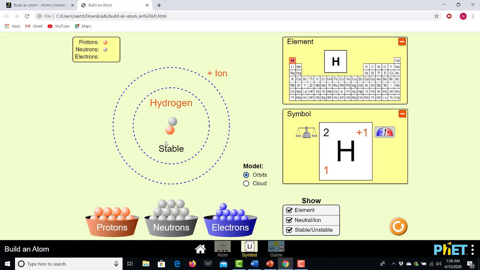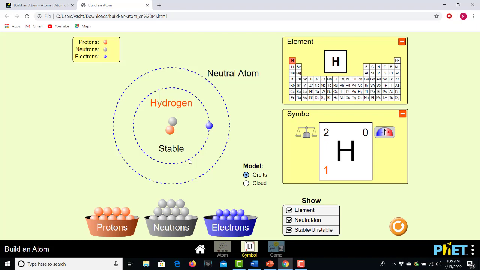What makes it hydrogen is that one proton. If we look over here, we see the symbols for it. The atomic number is 1, the mass number is 2, and the charge is +1. Deuterium can also have an anion. So let's add 2 electrons to it. That's the deuterium atom. And notice that that 1 electron went into the first energy level.